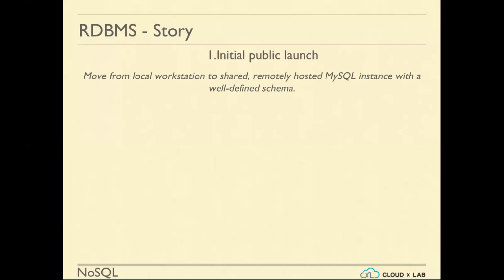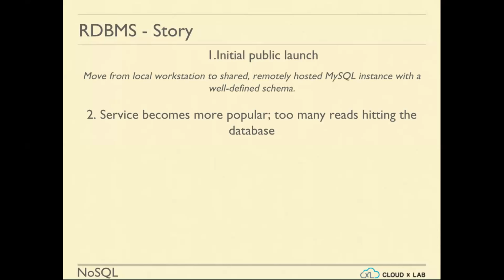The world looks beautiful to you, and your system is impeccable, with a perfect schema. Now, you do PR, you write to various magazines and news channels that, hey, my service is really wonderful, and so on. So your service is becoming popular, and suddenly there are too many reads hitting your server, because every time a user requests a page, you query the database and display the page.